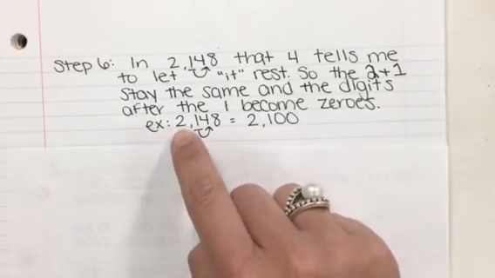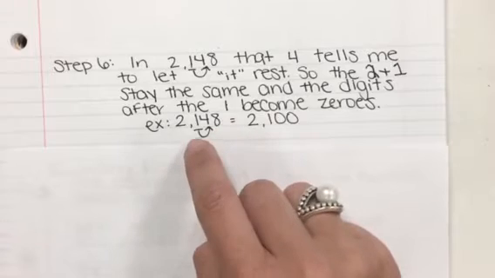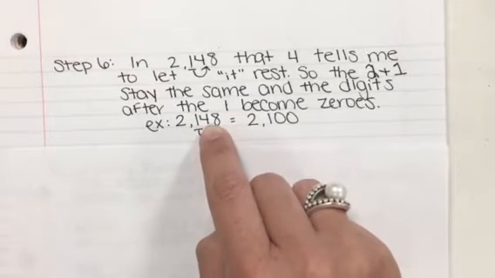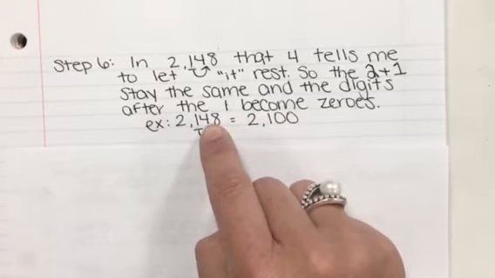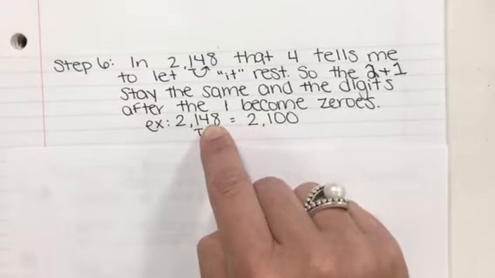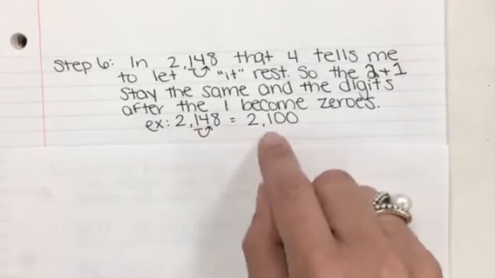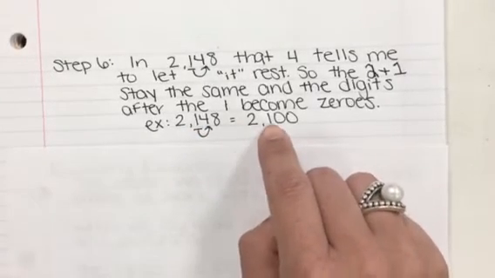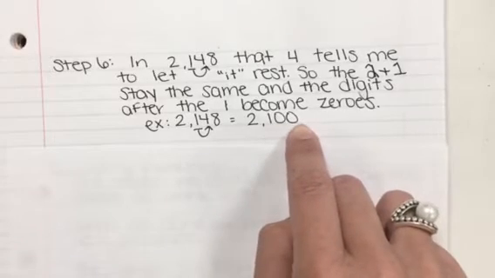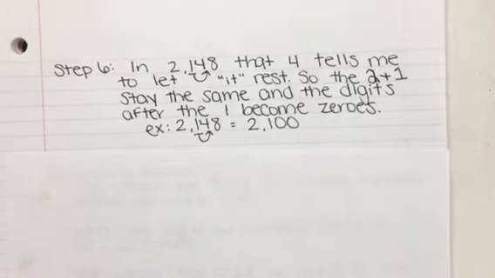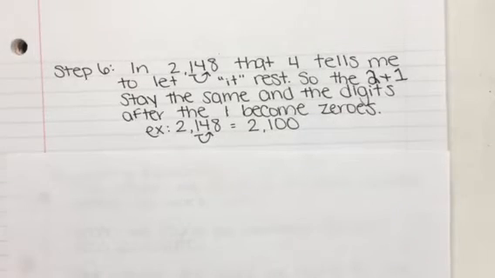For example, in 2,148, we're rounding to the hundreds place, so our hundreds place is underlined, pointing to the 4. That 4 says 4 or less, let it rest. So we're going to let that 1 stay the same. So 2 stays the same, 1 stays the same, and then anything after it becomes a 0. Pause your video and press play when you're ready to begin again.